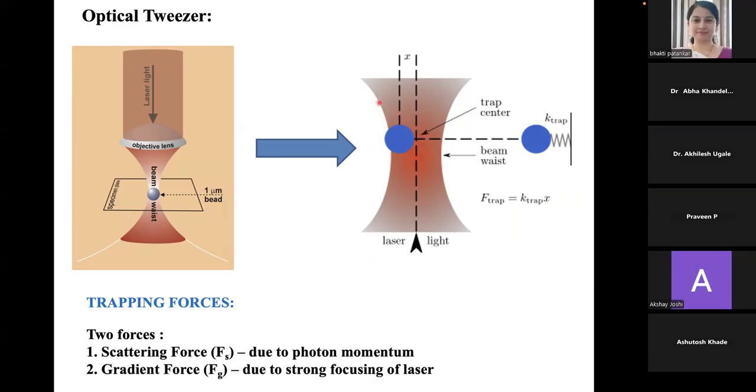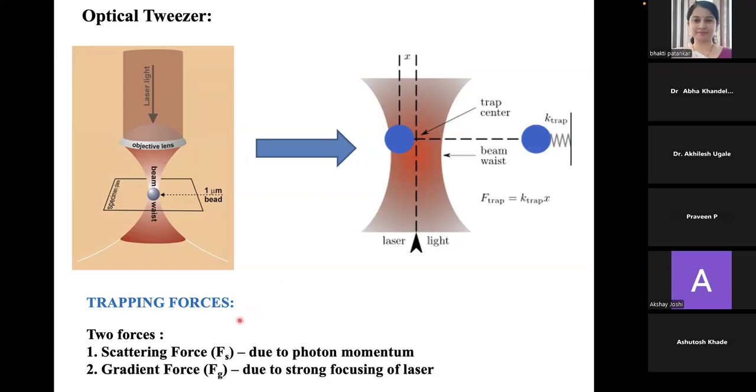That is what is shown here in this diagram. This is analogous to a mass suspended on a spring. If you stretch the spring slightly, then the spring will pull back on the mass and it will try to bring it back to its original position or the mean position.